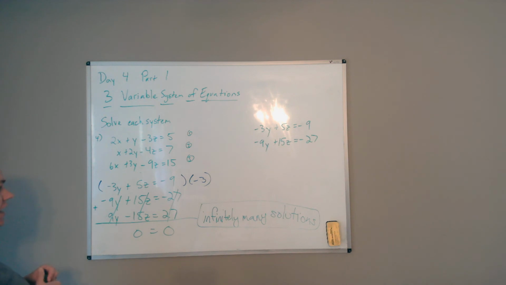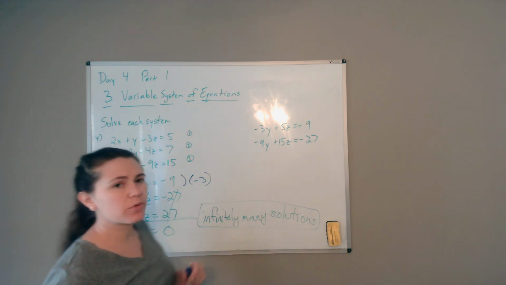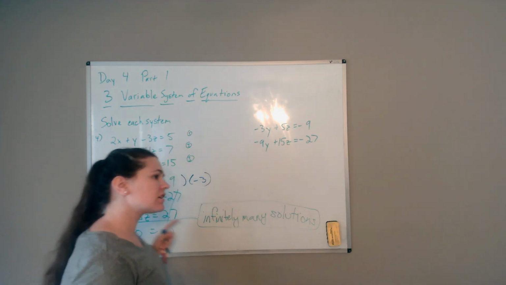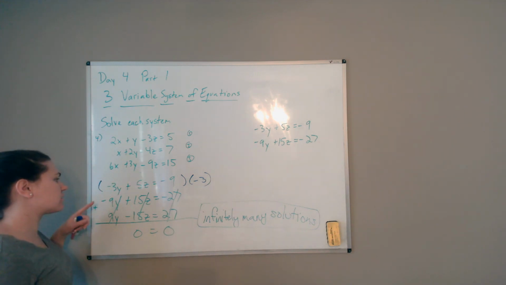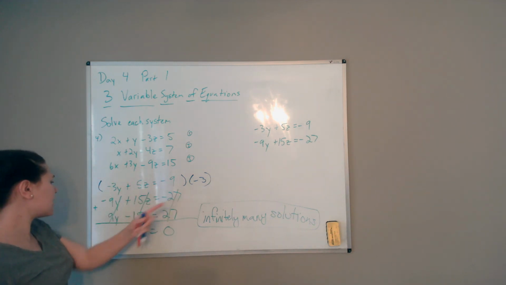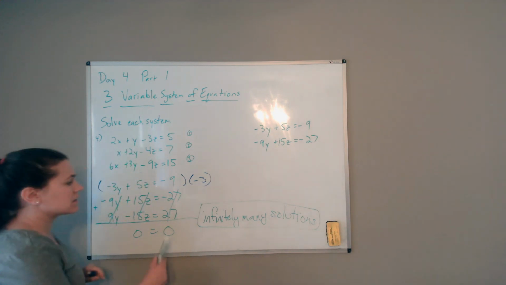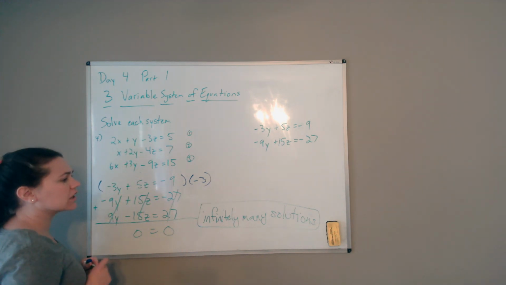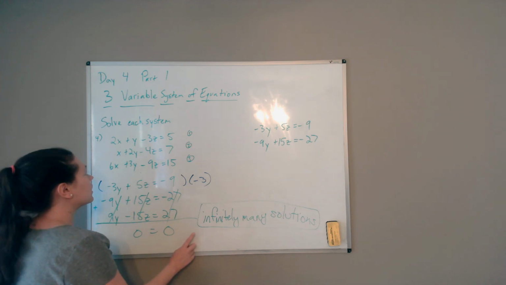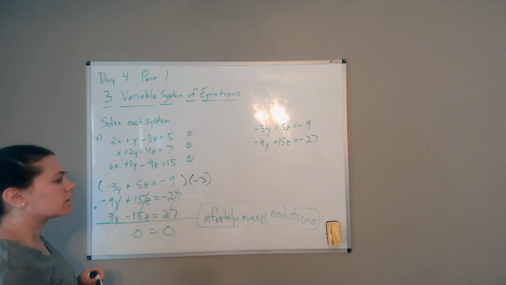So what this is saying is instead of the intersection being a point, for this problem, since we got a line and a line, and then it was the same line, what this means is you have a line as your solution here.